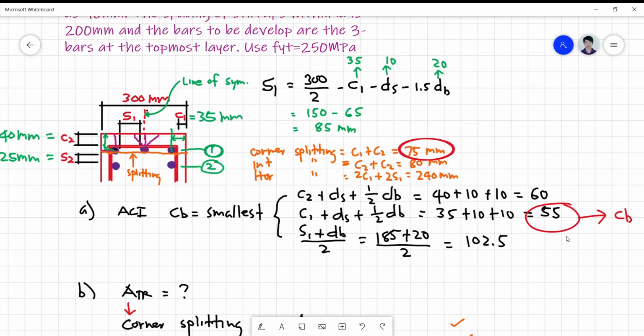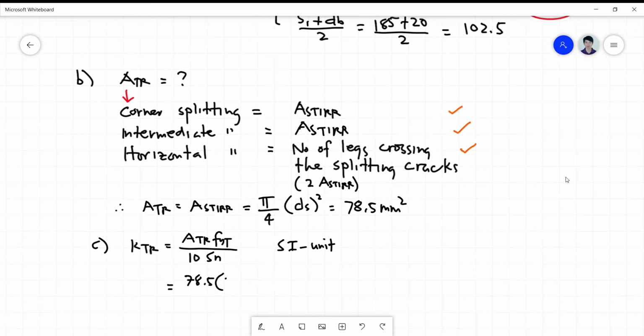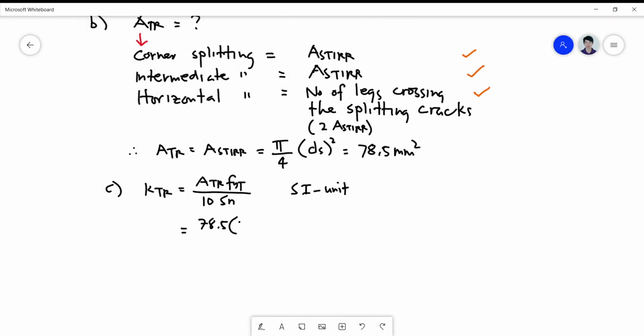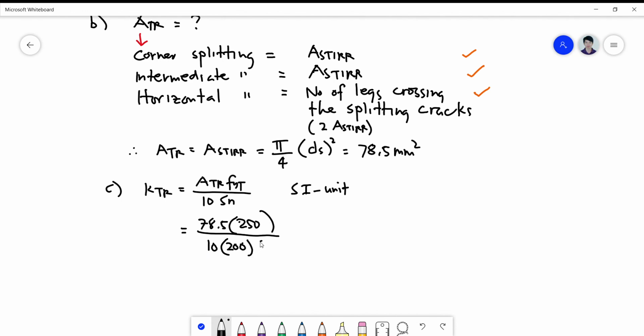Okay, in the problem it's 250, divided by 10 times S. The spacing is 200, and the number of bars to be developed is the 3-layer bar on top, which is 3.